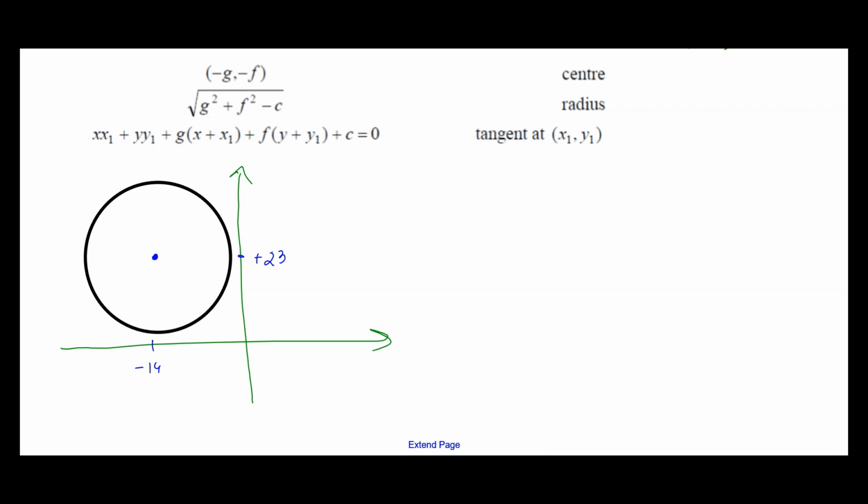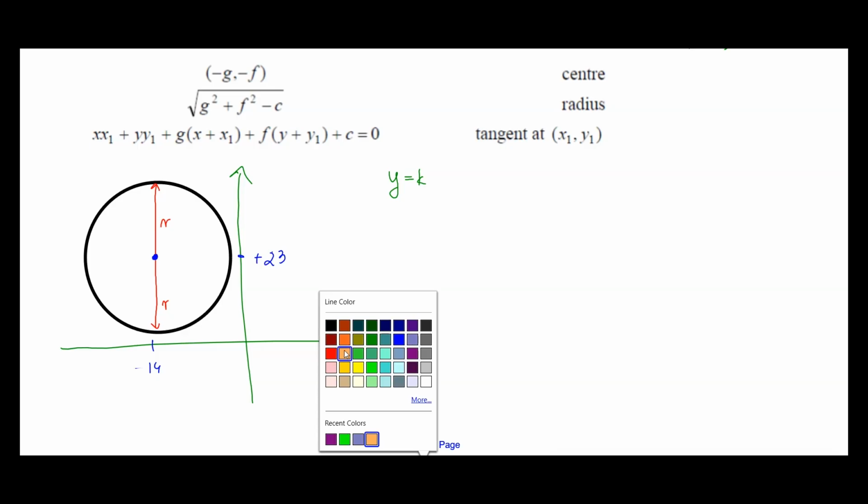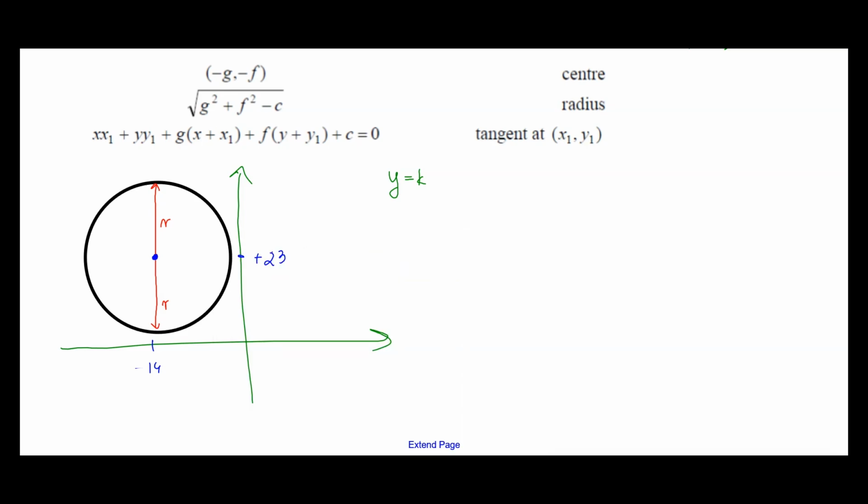Now, what else do I know? I understand that the radius goes here and it will go down here. Now, from the tangent that they told me, since they say y equals k, that means the line is a horizontal line, because a horizontal line will have this type of equation. So the tangent I'm looking for, let's get a different color, will be one line going here and one line going here.